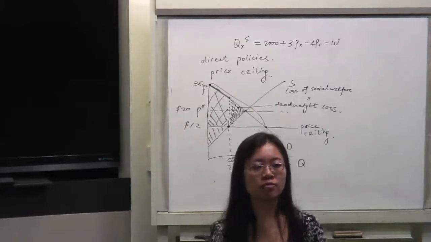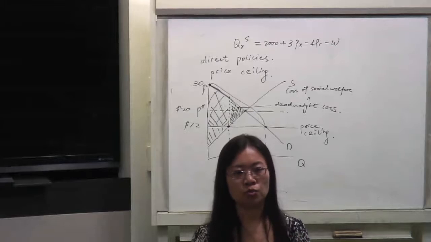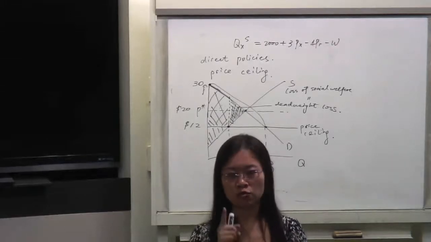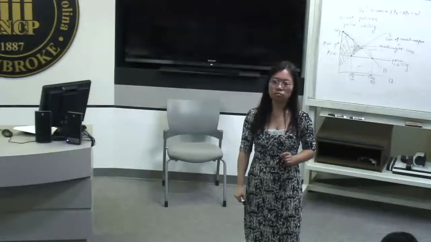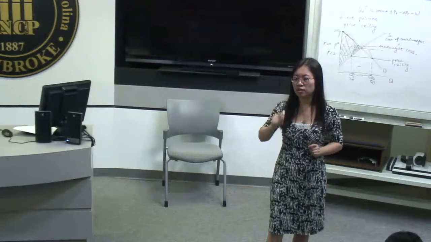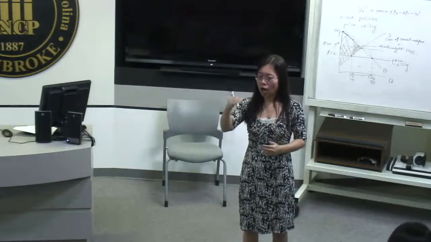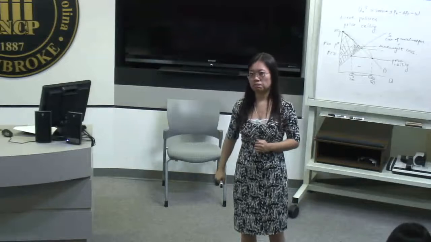It comes from the satisfaction gained by the consumer. That's the ultimate gain for the society. It's not the profit made by the firm, and it's not the revenue collected by the government. It's the satisfaction, the utility you gain from consuming this good. That is the ultimate gain for the society.